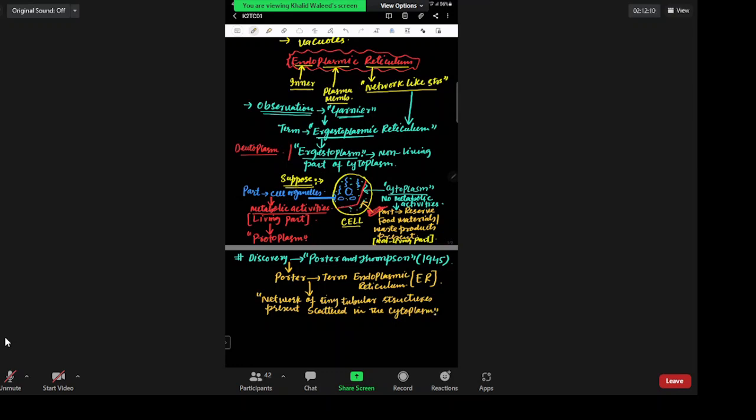It is a network of tiny tubular structures which are present scattered in the cytoplasm.